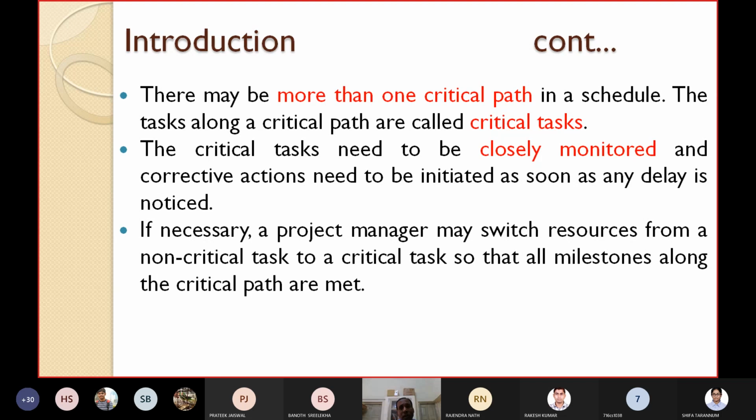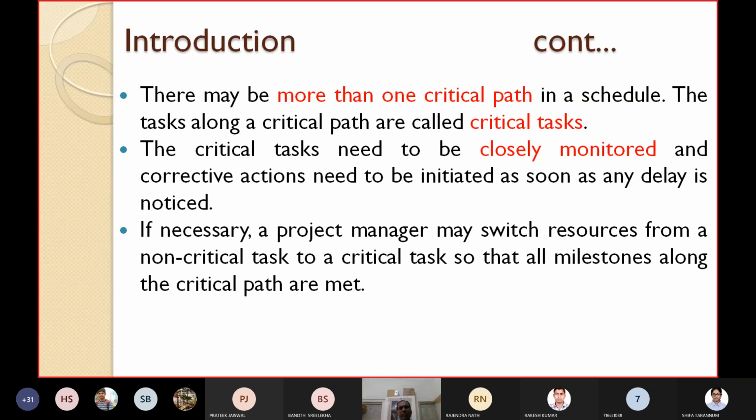How to handle that, we have already discussed last class. For example, if necessary, the project manager may transfer staff from a non-critical task to a critical task, so that all the milestones along the critical path can be met.